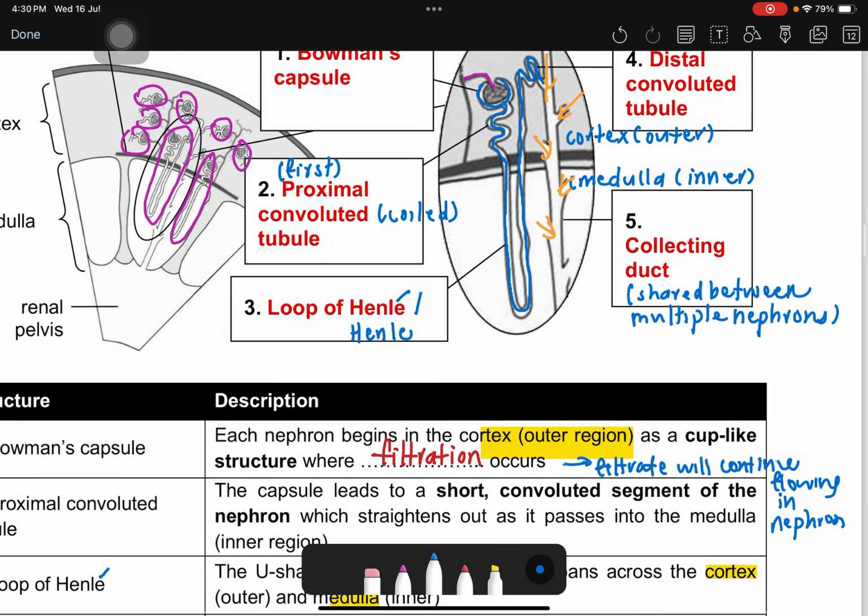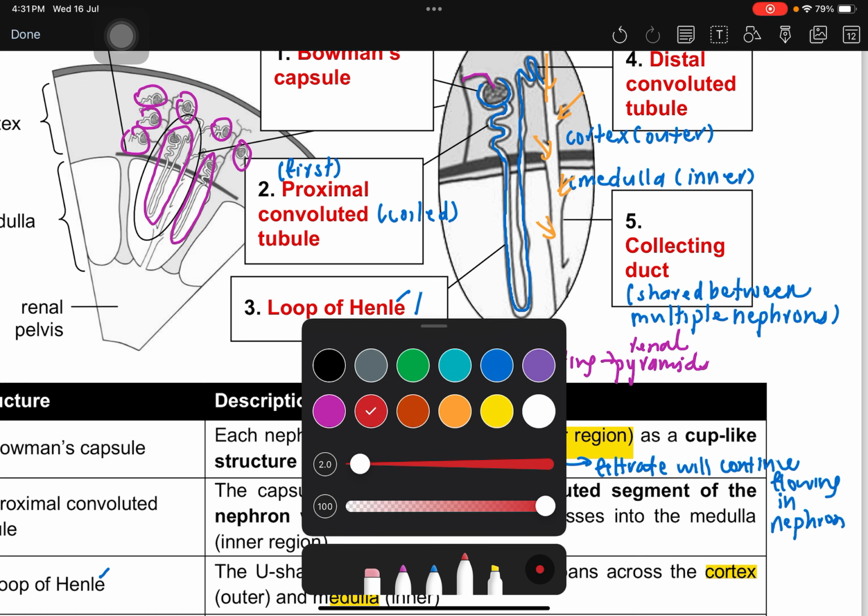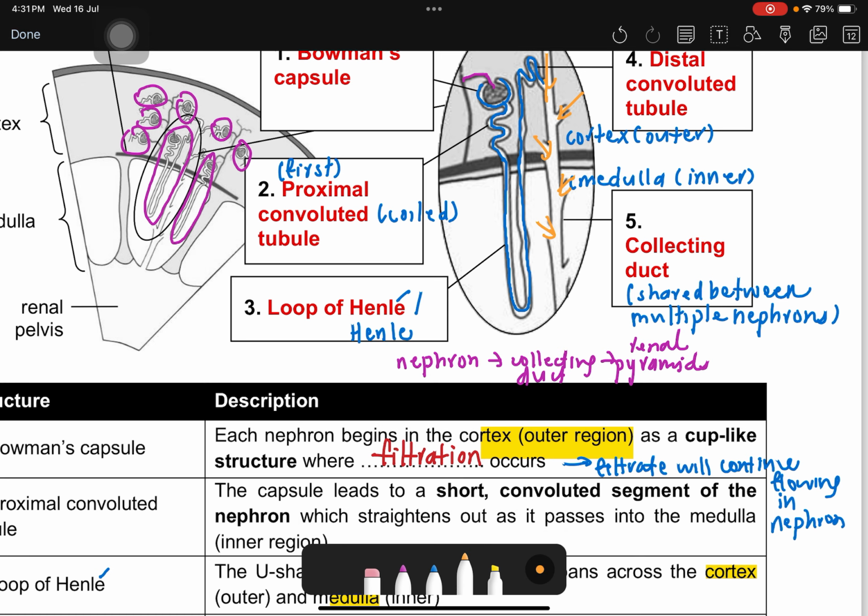So if I were to extend it, the urine is produced in the nephron, collected in the collecting duct, then to the renal pyramid, which will gather all the collecting ducts you can see over here in orange. So you can see all the different collecting ducts will eventually collect within the pyramid before it enters the ureter to gather the urine.